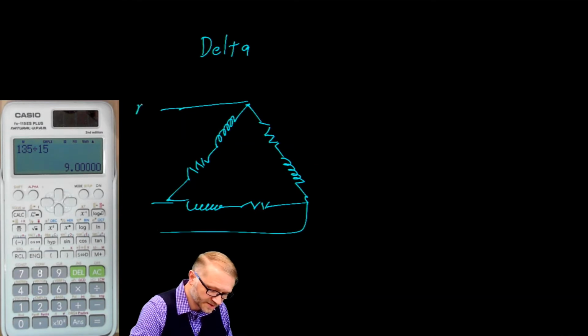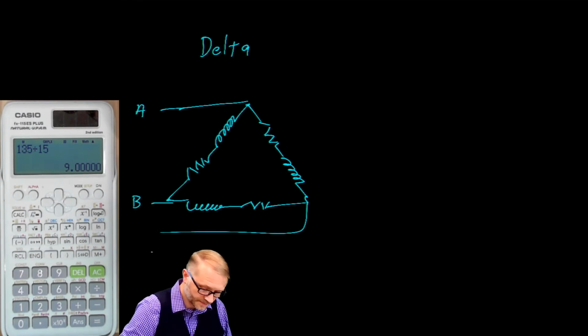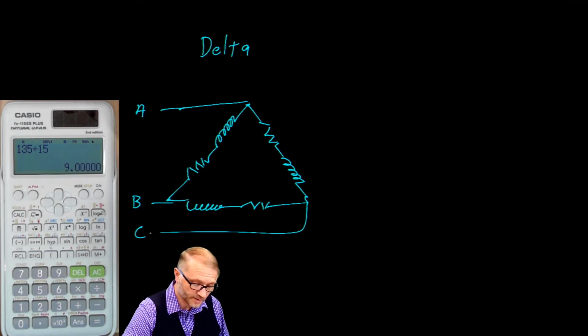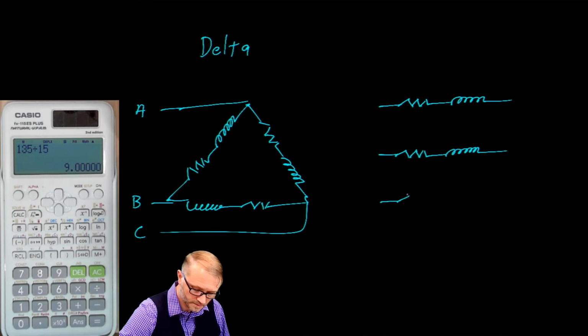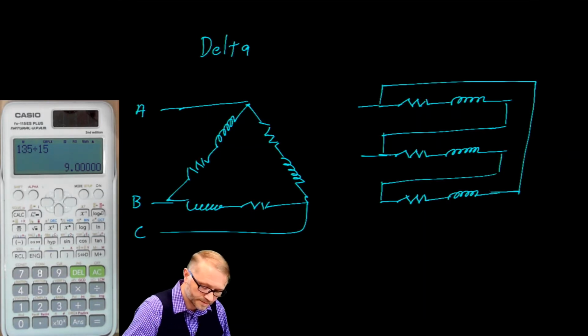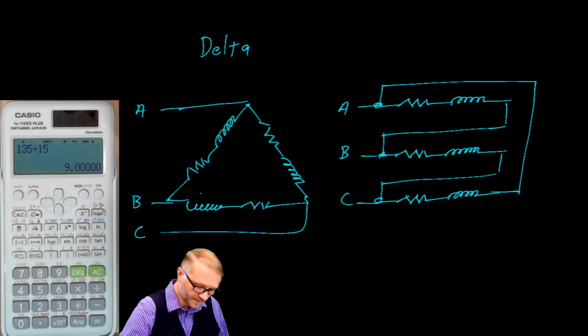With phase connections of A, B, and C, the alternative way to draw a delta looks like this. Be careful. When you do this, you have to make a loop. Here's what I mean by loop. With this configuration, it's pretty easy to see.